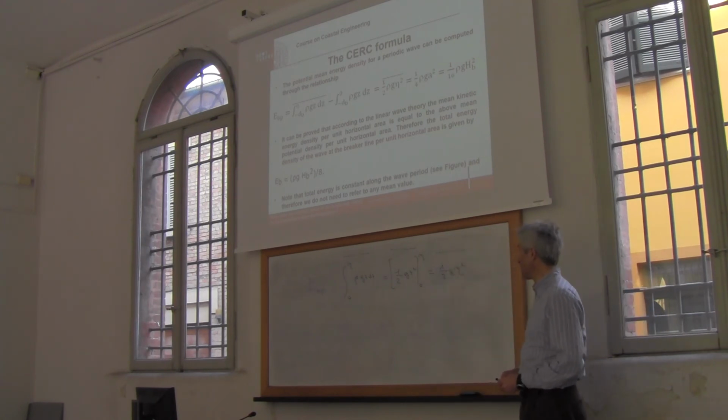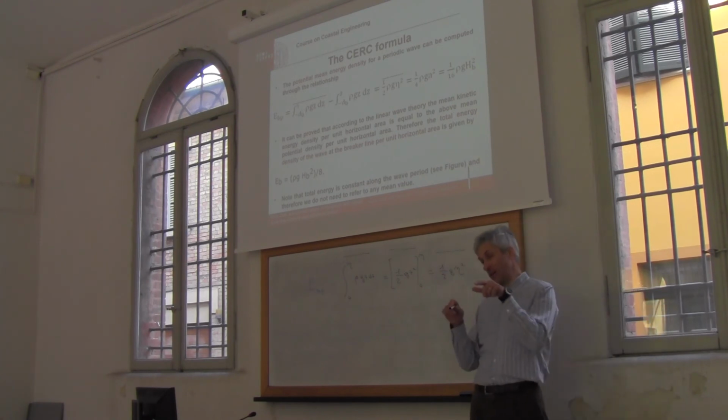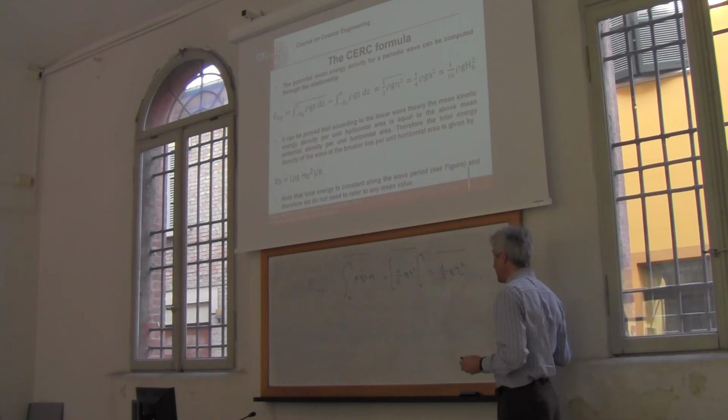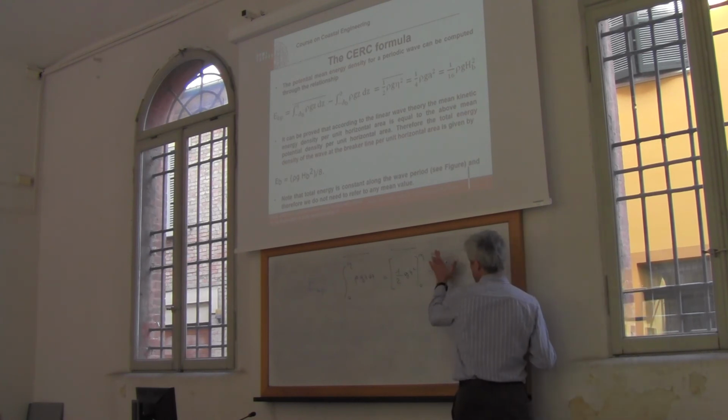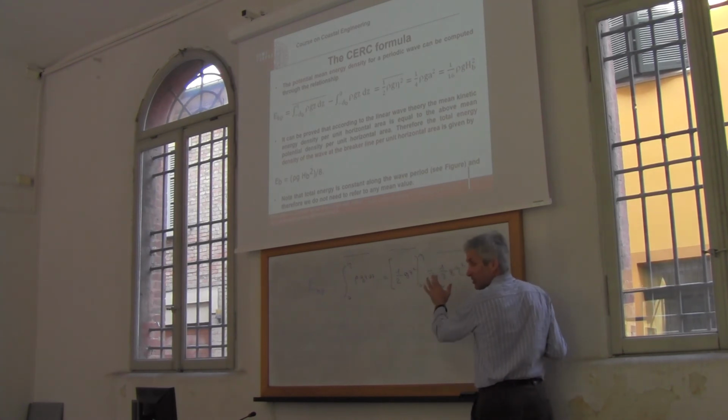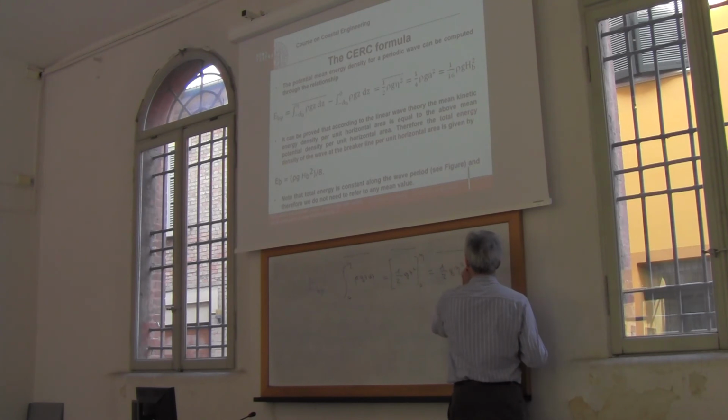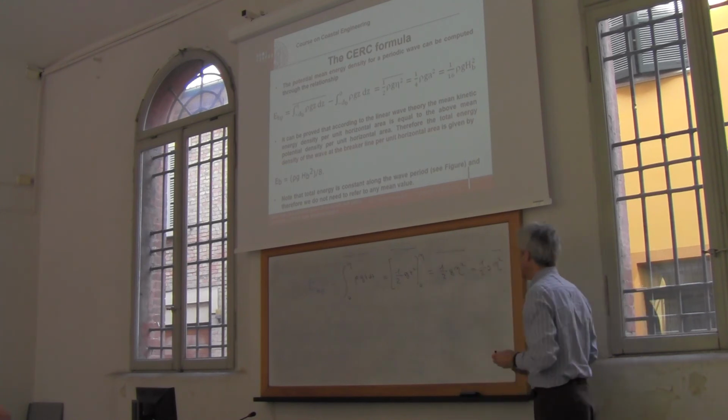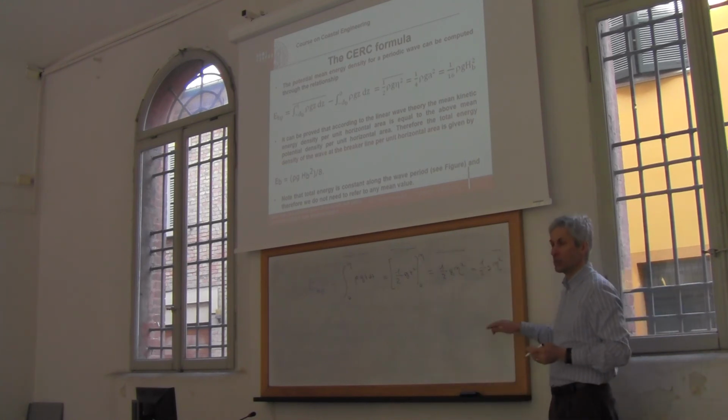Okay, now you have to trust me, and you can try on your PC with an Excel sheet, if I tell you that, first of all, this is an average, I can bring the constant out of the average. So this is equal to 1/2 g average of eta squared, average along the wave phase.